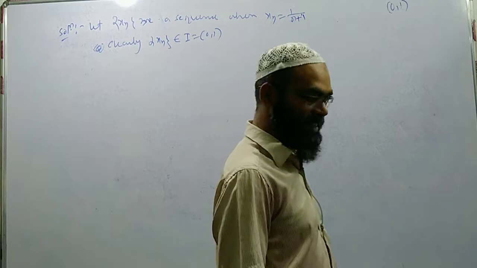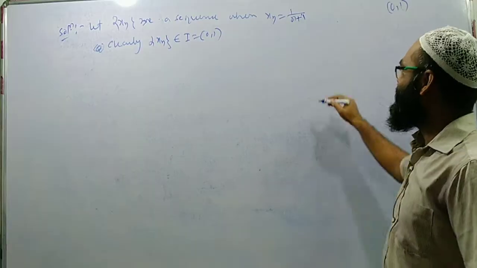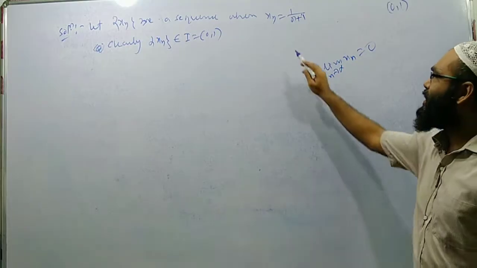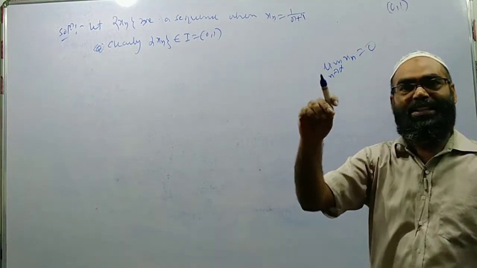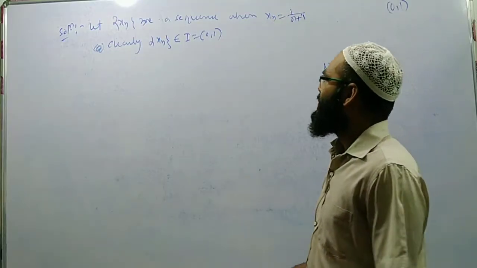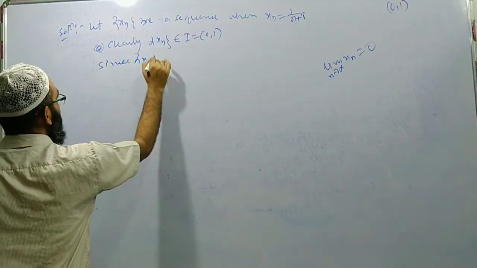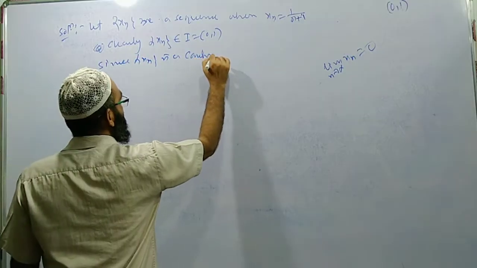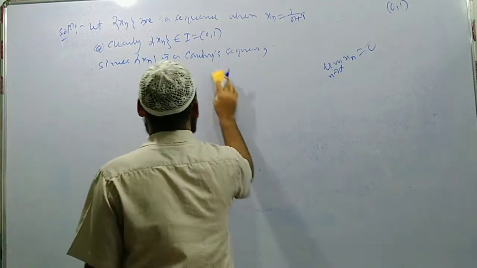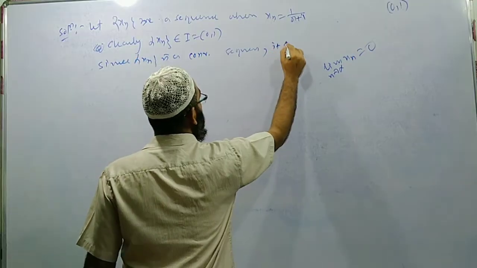And it is very clear that the sequence x_n is convergent, since the limit as n tends to infinity of x_n equals 0. Every convergent sequence is a Cauchy sequence. Therefore x_n is a Cauchy sequence.